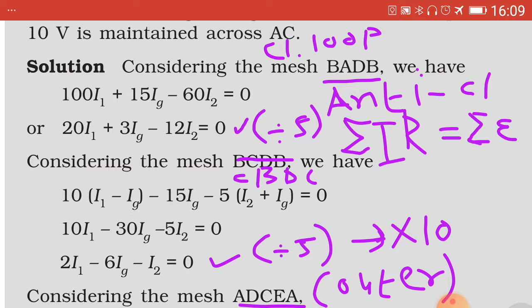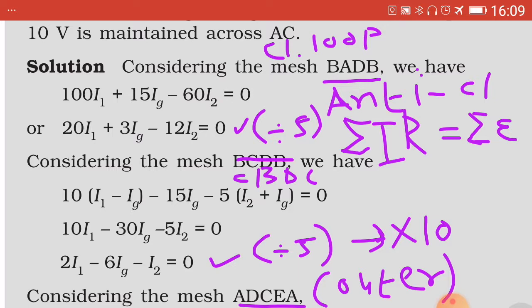Now again considering the mesh CBDC, the previous one has been eradicated, not BCDB, but it is CBDC along anti-clockwise direction, and we have 10 into I1 minus Ig, bracket is important, minus 15 Ig minus, here Ig is taken in the middle term, there I had explained you in the end, because traveling along the path Ig was coming in the end, that's why.